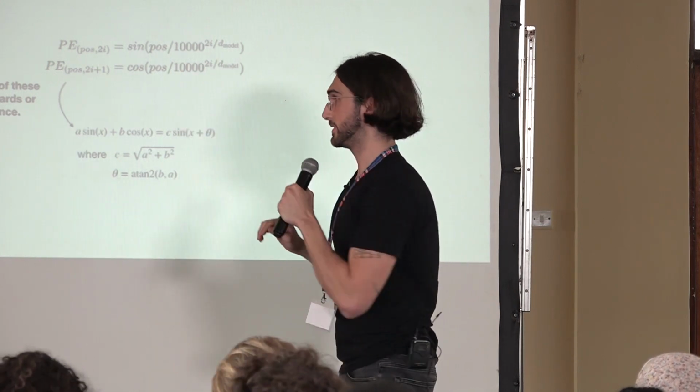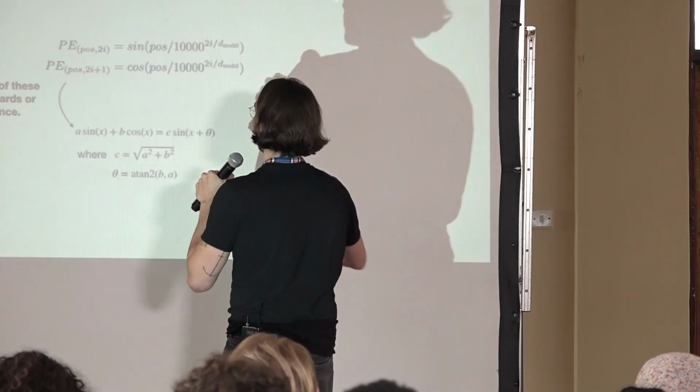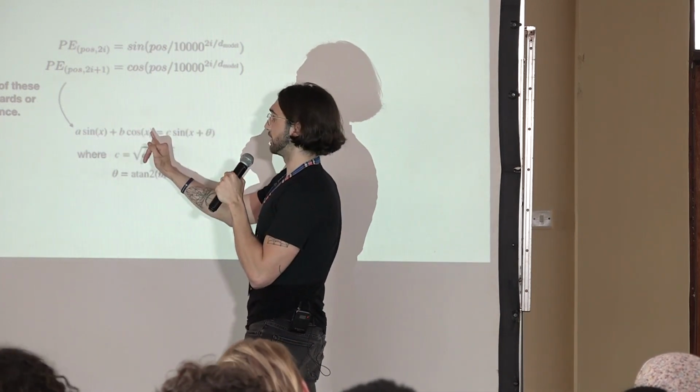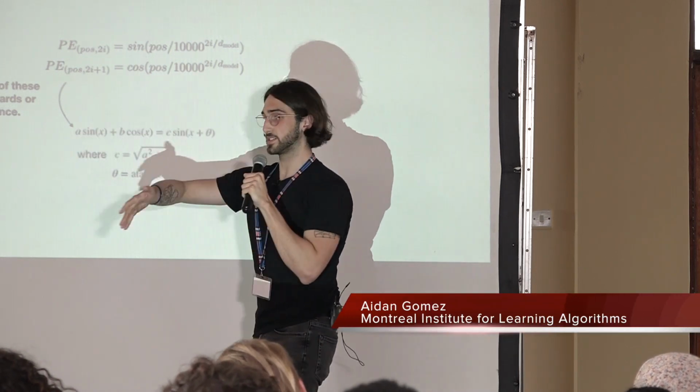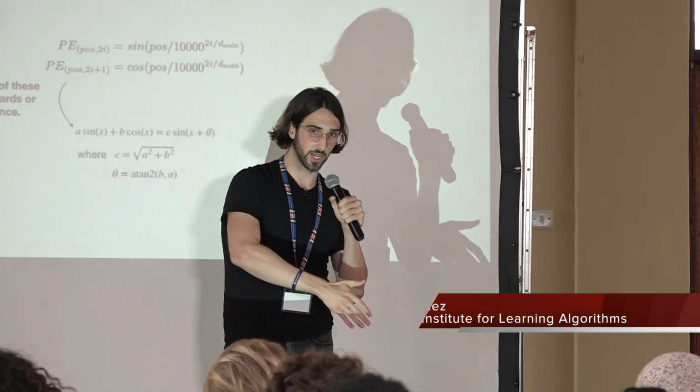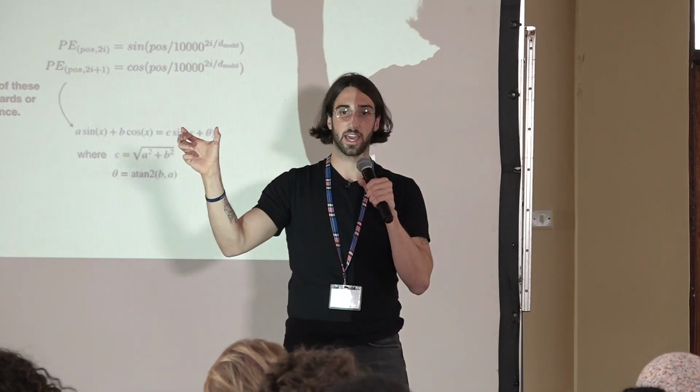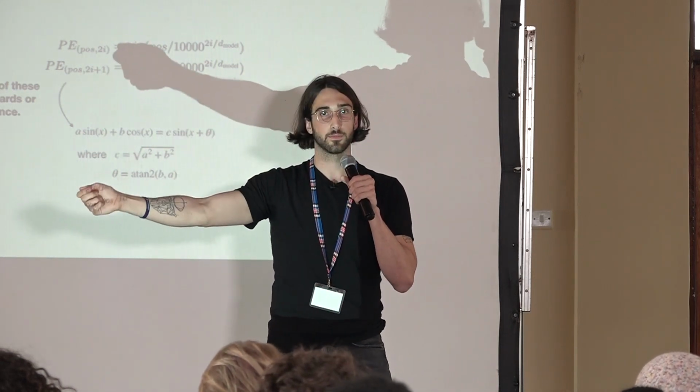So you can basically say, if I'm in position X in my sequence, just a linear combination of position X's positional encodings produces a pan ahead, k steps ahead.